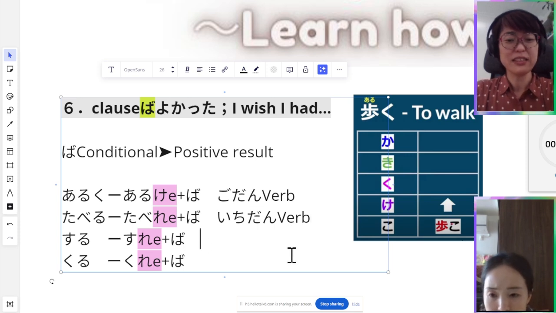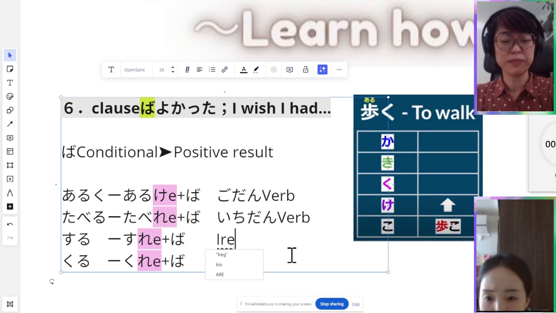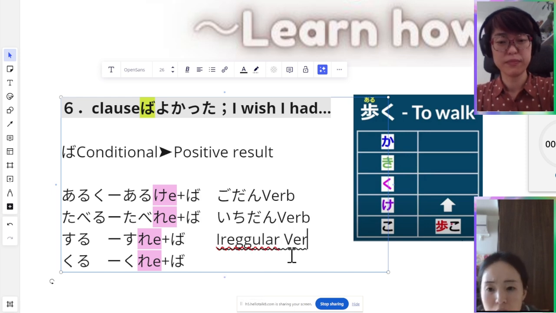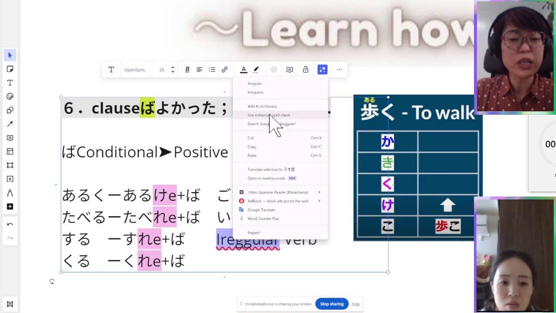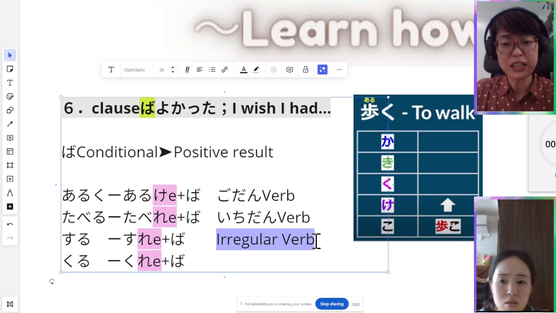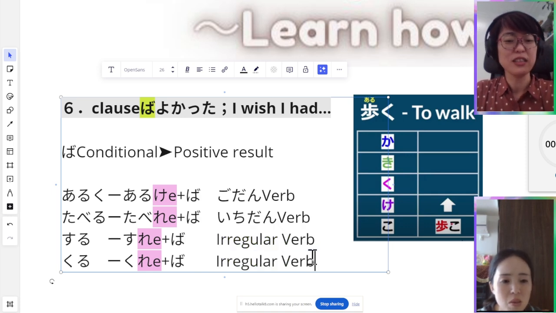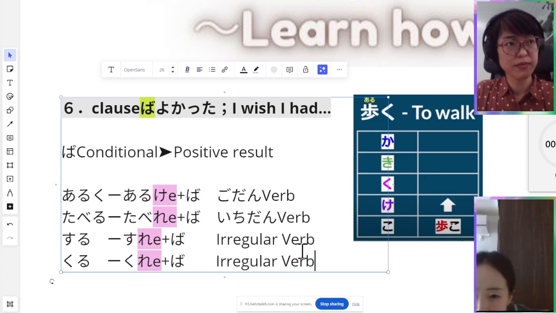And this is irregular, only two irregular verbs. You just follow which group they belong to and conjugate accordingly. Very good question.